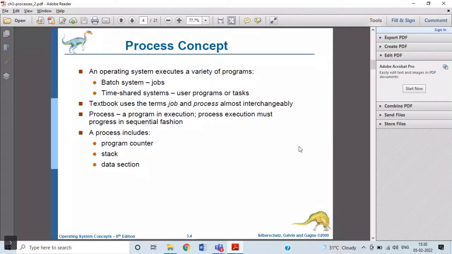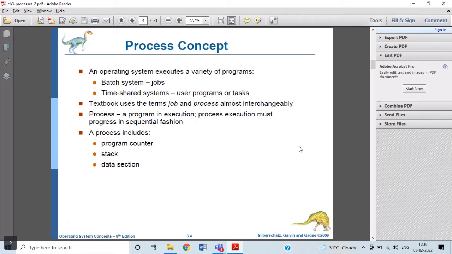An operating system executes a variety of programs. The first one is the batch systems and the time shared systems.